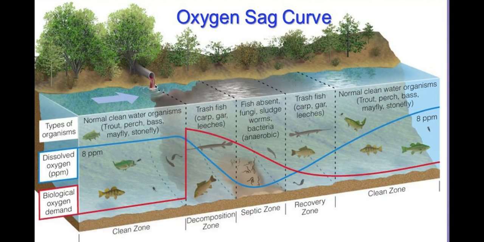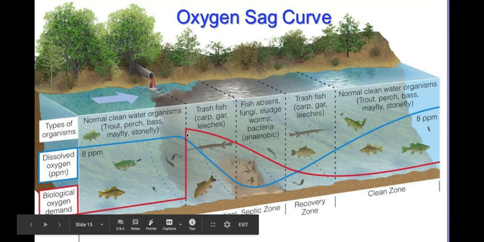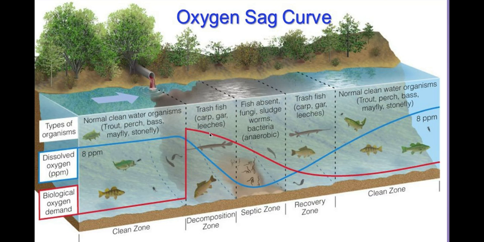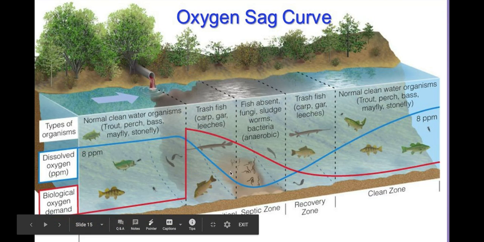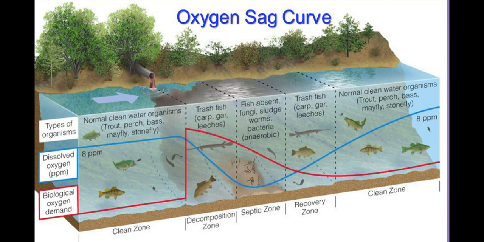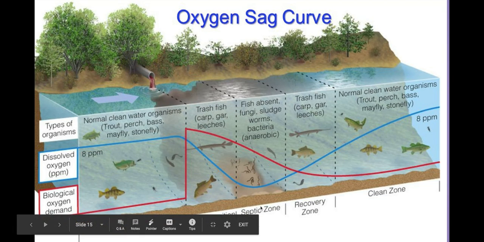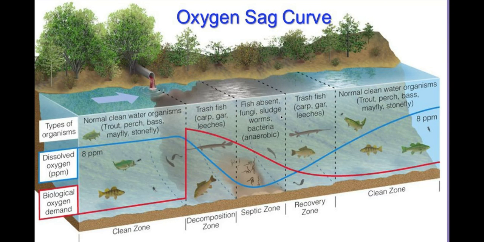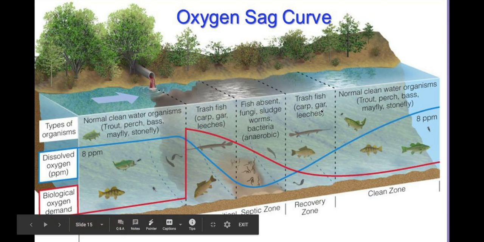However, when that point source starts contaminating my body of water, I'm going to see my DO levels go down and my BOD levels start going up. Therefore, some of these species will start disappearing. That would be in our decomposition zone, in which I see some animals dying. There is also a septic zone, which we're going to talk about in a moment. But then this pollution is going to start to spread out and become more diluted.